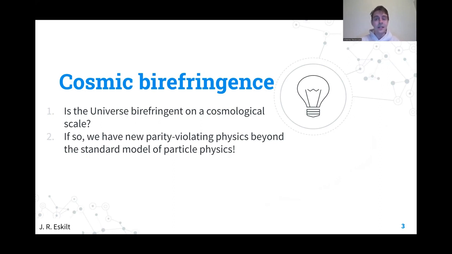Or said differently, is vacuum weakly birefringent? And if it is, and we can rule out Faraday rotation from magnetic fields, which I will talk about later, then that means that we have new parity-violating physics beyond the standard model of particle physics. And so it's a way to probe new physics.